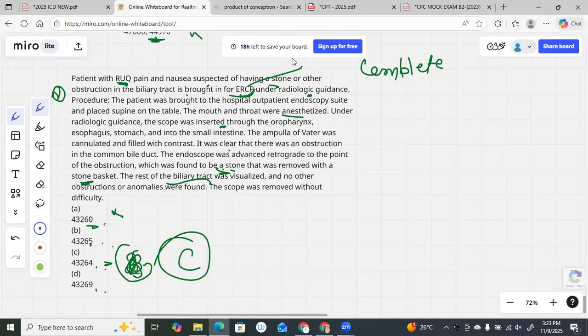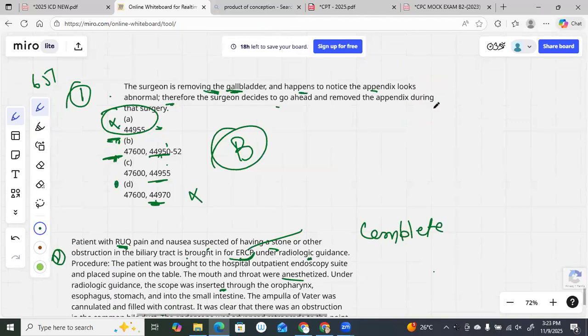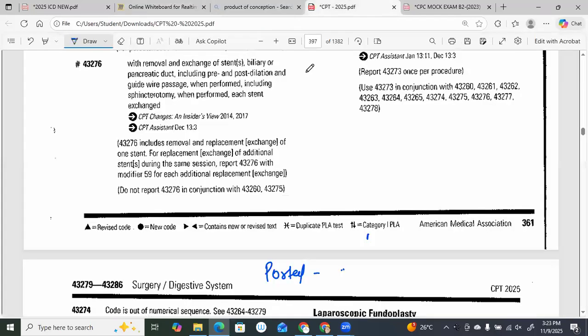Now let's move to the other chapter. So today we are going to start the pathology section.